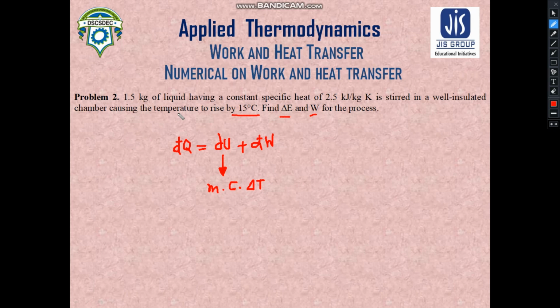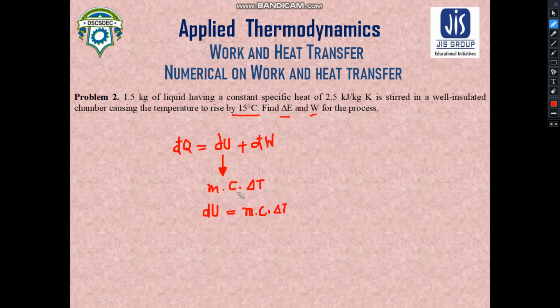Since the temperature is rising by 15 degrees Celsius, we can write this delta T as 15 degrees Celsius. Since it is a difference of two temperatures, in kelvins it will also be 15. So we can calculate this du from the above formula. So this du becomes mc delta T.